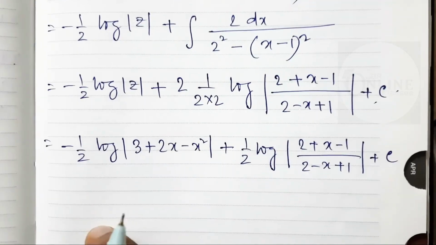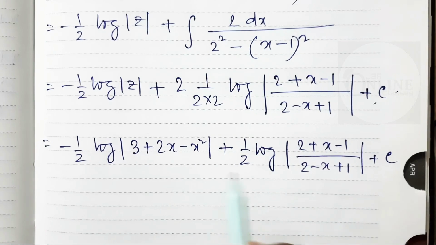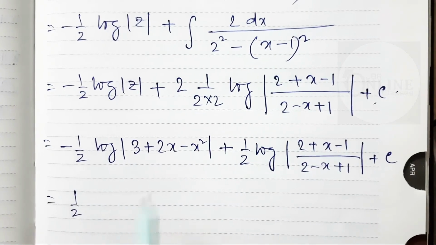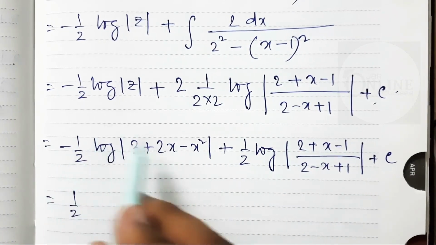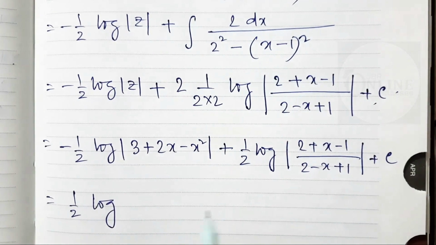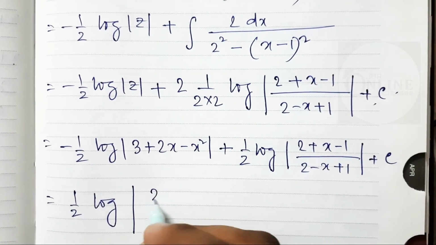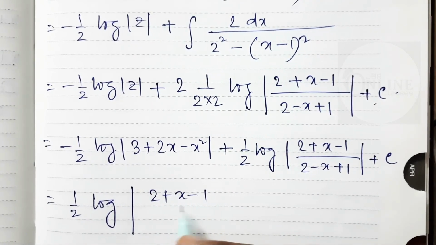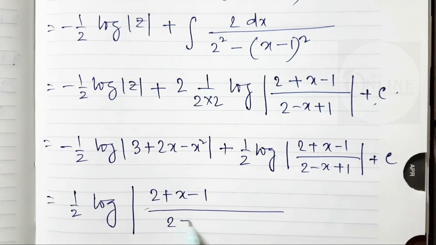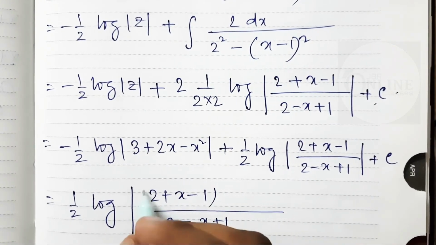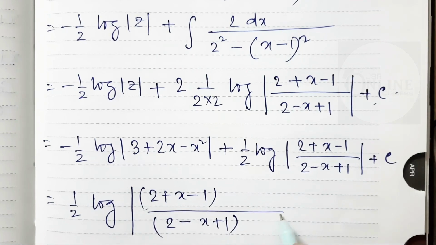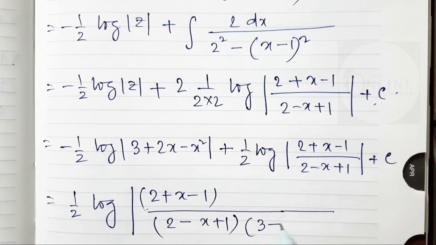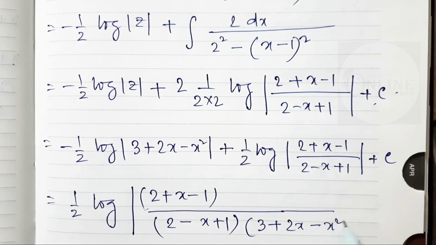Now here you can simplify further. It is log a minus log b, so log of a by b, that is the formula. So 2 plus x minus 1 divided by 2 minus x plus 1, this into 3 plus 2x minus x square.